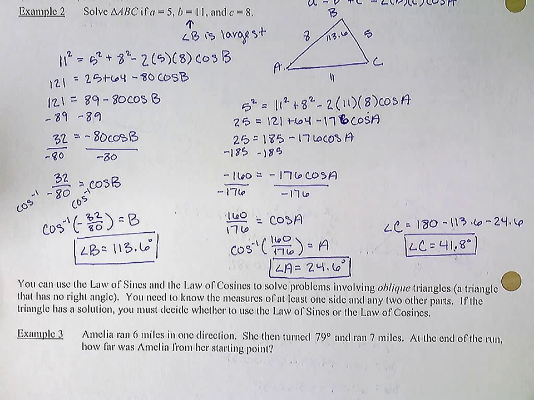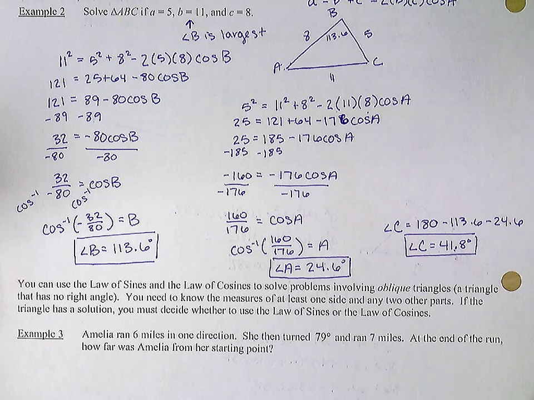Do we understand how to use the law of cosines formula? Whatever angle you're given, or looking for, you have to put the side opposite that angle on the left-hand side of the equal sign. Then the other two sides go on the right side of the equal sign.